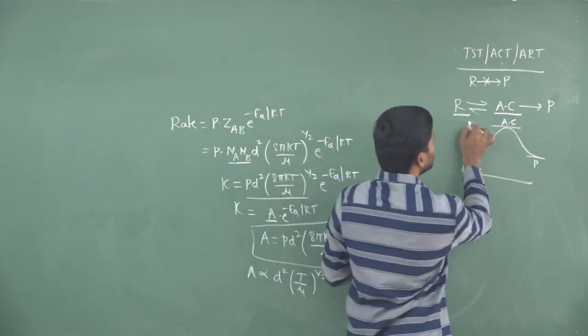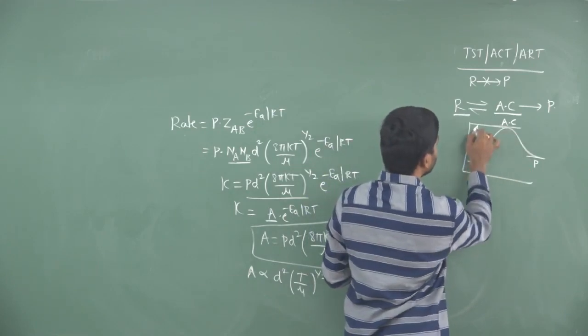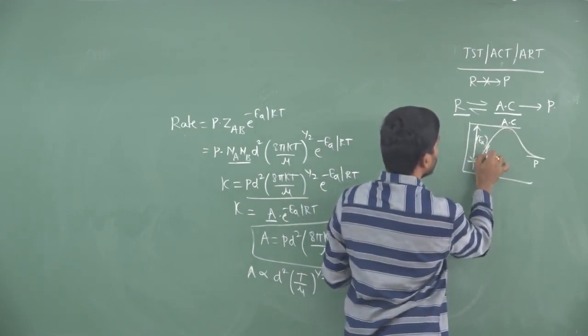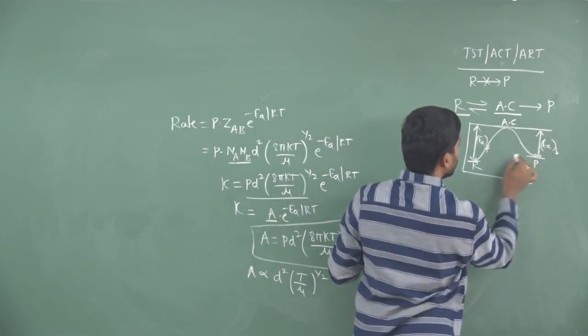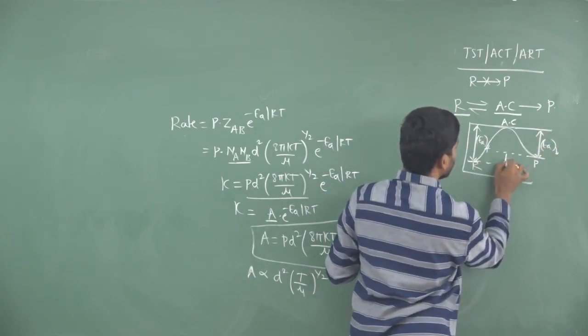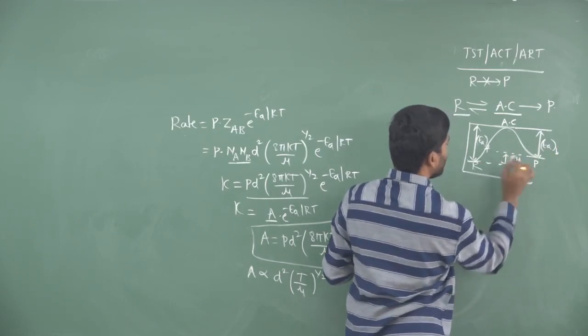Let us consider activation energy for the forward reaction, EAF, activation energy for the backward reaction, EAB, and delta H, the enthalpy of reaction.